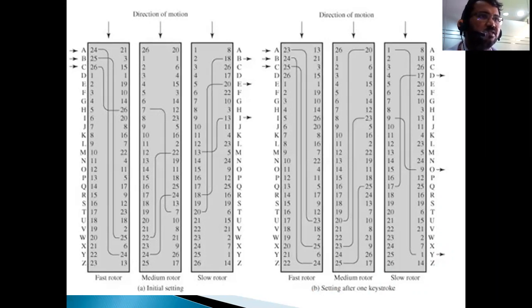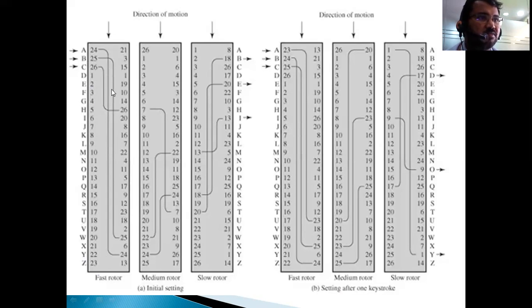The fast rotor does the first substitution, for A, B, C. All the A to Z alphabets are given as numbers in the substitution format. A is given as 24, B is 25, C is 26, and D is 1, 2, 3, 4, 5, 6 up to 23.